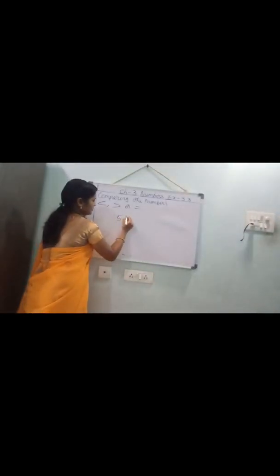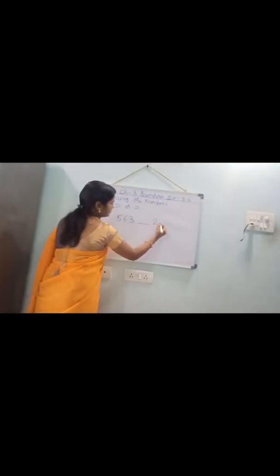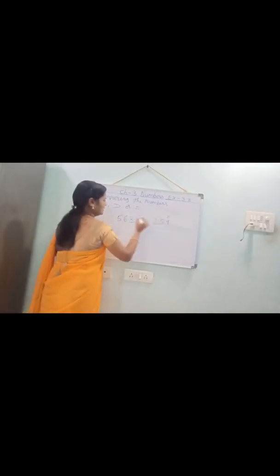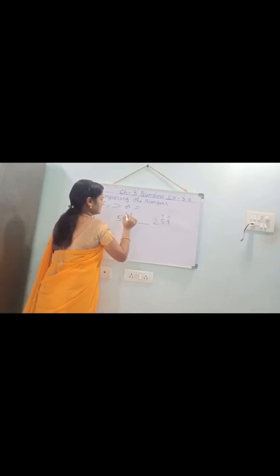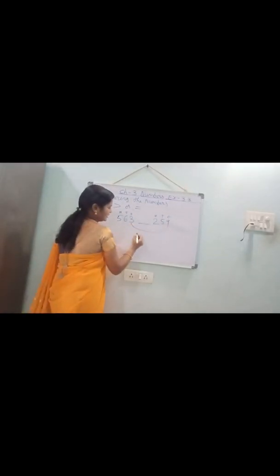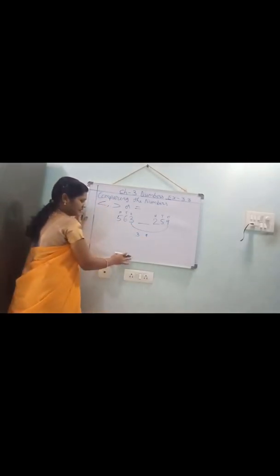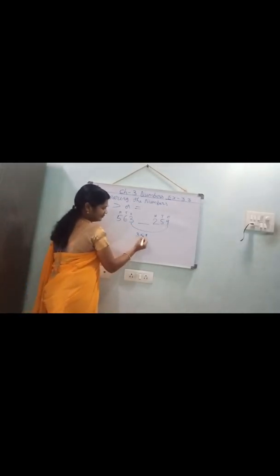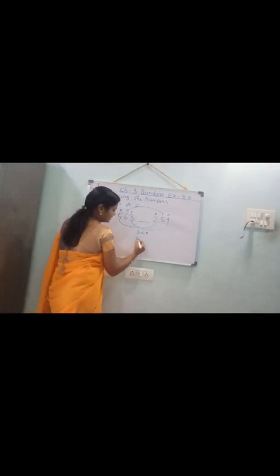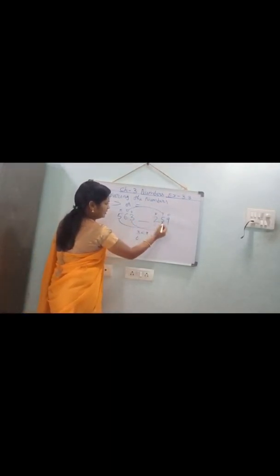Now, for example, see, here ones place, tens place, hundreds place. You should first compare the numbers. See, these two ones places. 3 is less than 9. Now, see here tens place, here 6, here 5.